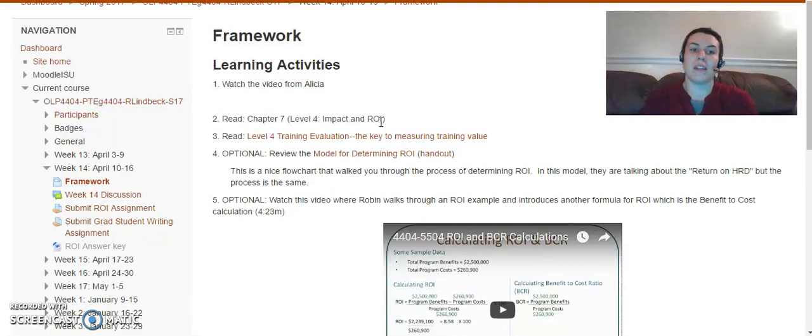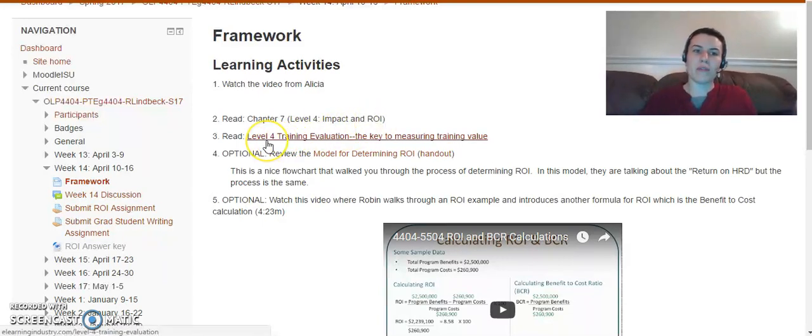Sometimes you spend a lot of time and money on training and it doesn't improve performance, because maybe it's not a training issue. Maybe there are other issues in the organization, like not having enough support for employees, or not having good leadership, or other issues that aren't related to training of employees. So that's an overview of level 4 and level 5 ROI.